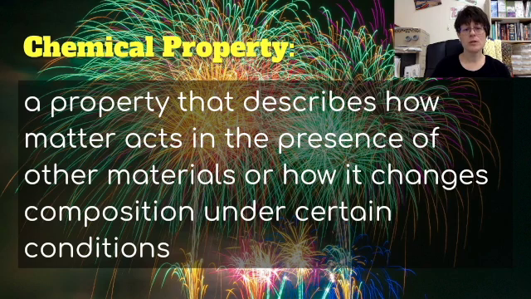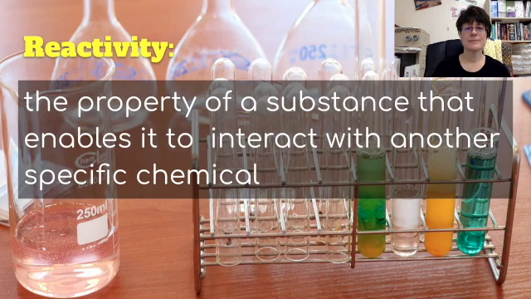There are also chemical properties. This is a property that describes how matter acts in the presence of other materials or how it changes composition under certain conditions. One thing that we talk about with chemical properties is reactivity. This is the property of a substance that enables it to interact with another specific chemical.